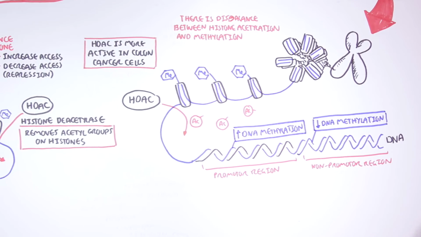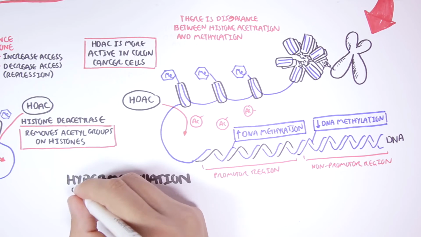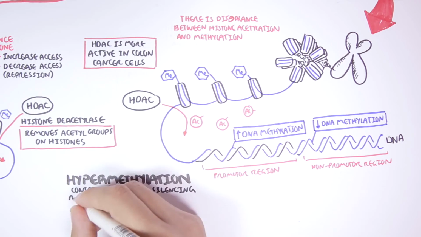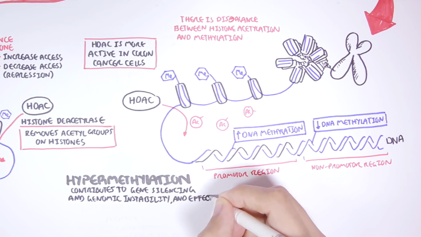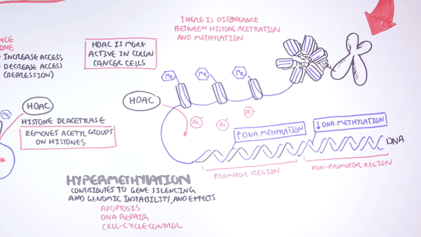So again, there is hypermethylation on promoter regions, which contributes to gene silencing and genomic instability, and it will affect apoptosis, DNA repair, and cell cycle control. And there tends to be a decrease in methylation on non-promoter regions, which essentially don't do anything.